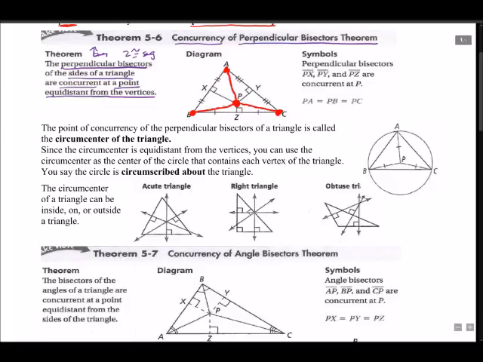And look what it says here. The length of PA equals the length of PB equals the length of PC. These are equal lengths. So we can make them congruent, by definition of congruent. But our theorem talks about equidistant, equal lengths. Equidistant means equal length.